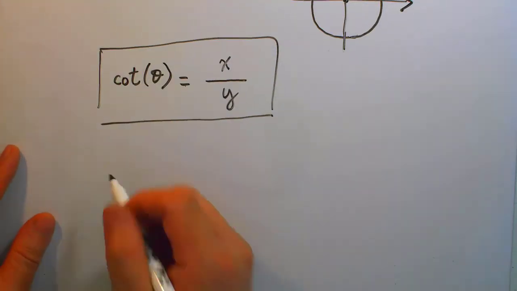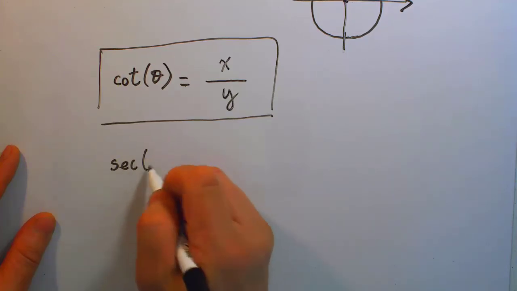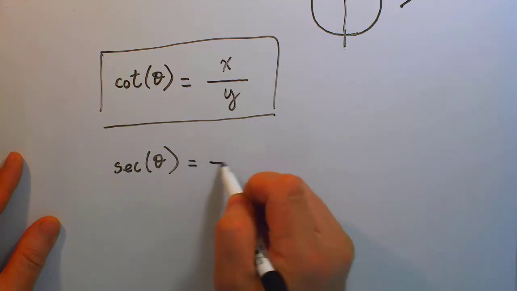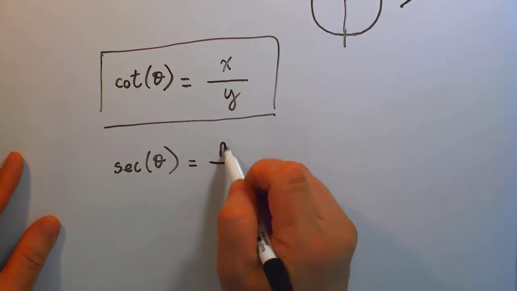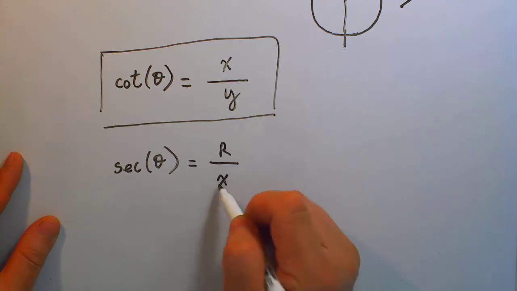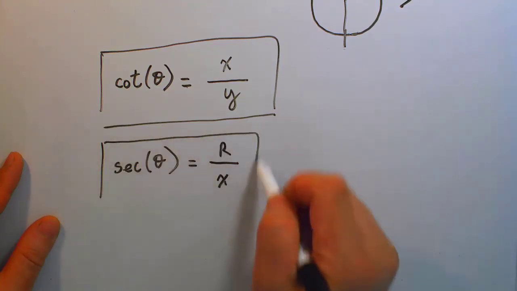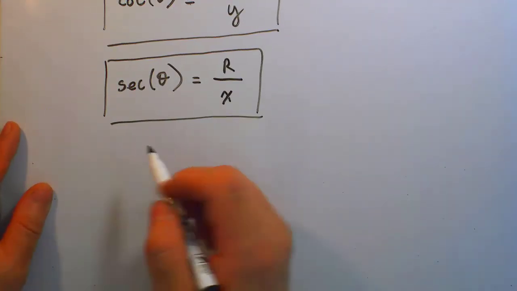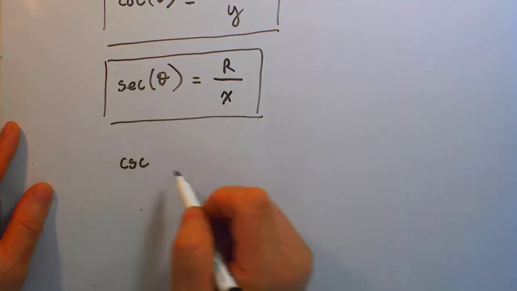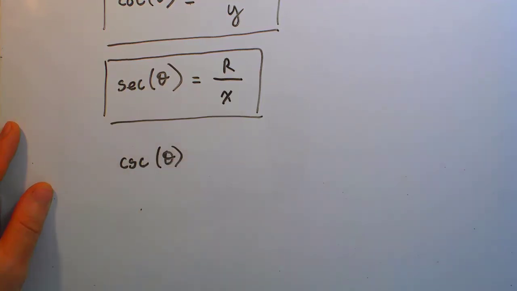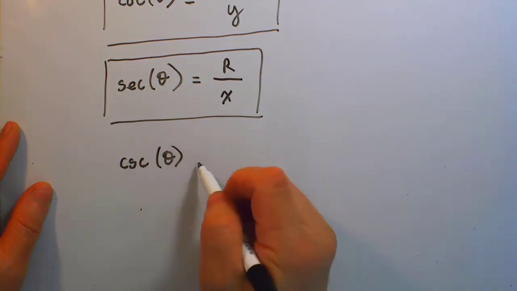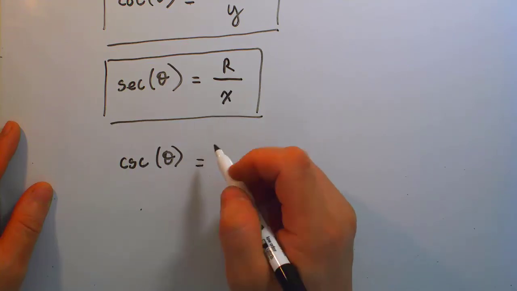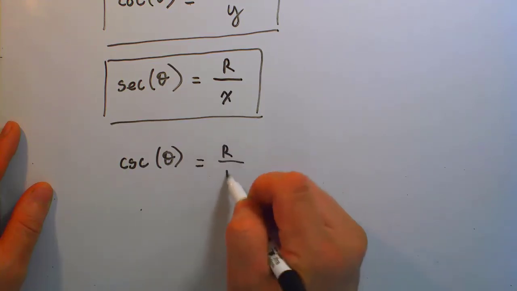Your secant function, secant of theta, is related to the coordinates as the radius r over x. And the last one, cosecant of an angle theta, is related as r over y.